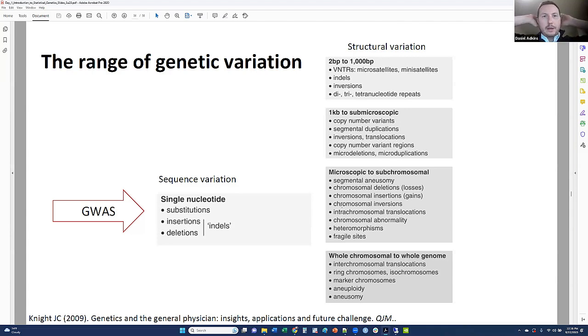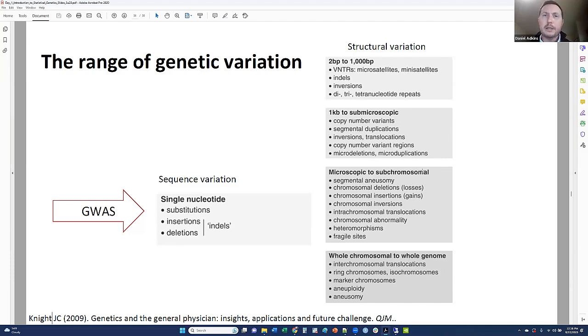But if we zoom back a little bit, the take home here is that we've got sequence variation. This is most of our common variation, and this gives rise to a lot of the variation that we observe in complex traits, which is the primary focus of this class. And then we've got structural variation.